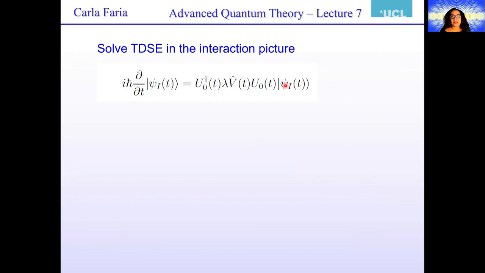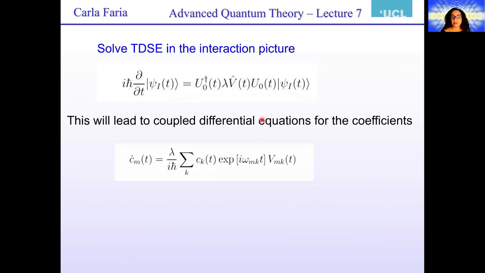This is the state vector in the interaction picture. So this is what we're going to solve. And what I'm going to show next is that this will lead to coupled differential equations for those coefficients when you consider that expansion in terms of the eigenvectors of H naught.